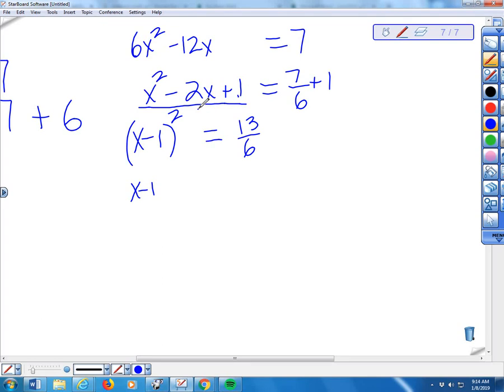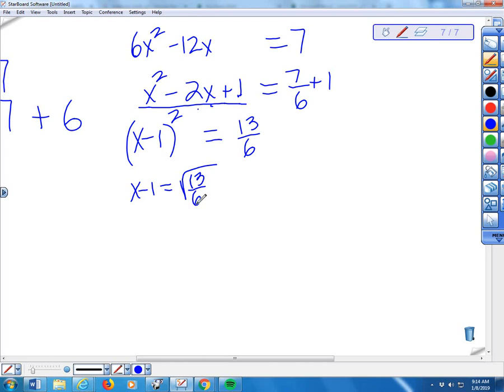If I were just given this problem and asked to factor it, I would be looking for factors of 1 that add up to -2. But I'm intentionally adding this so I can factor it. So then I just get x minus 1 equals the square root of 13/6, and I do the same thing, and I get the same answer.